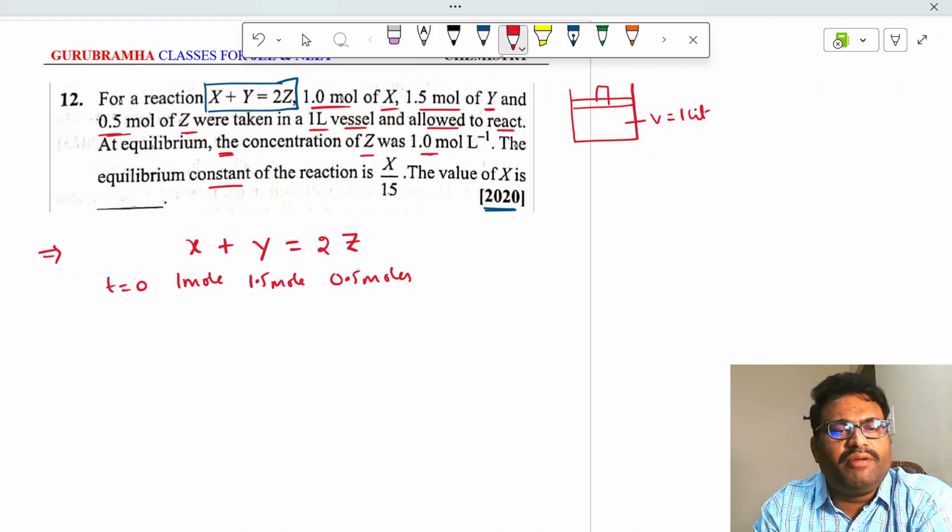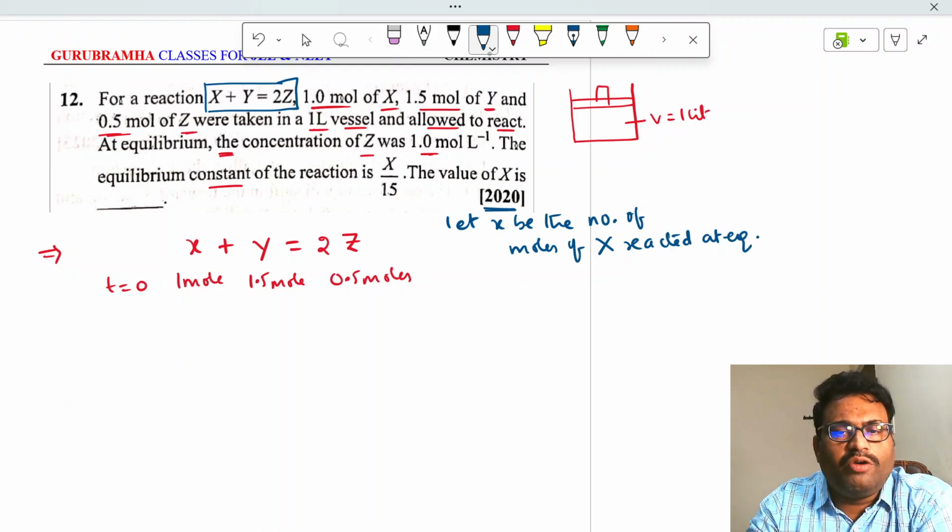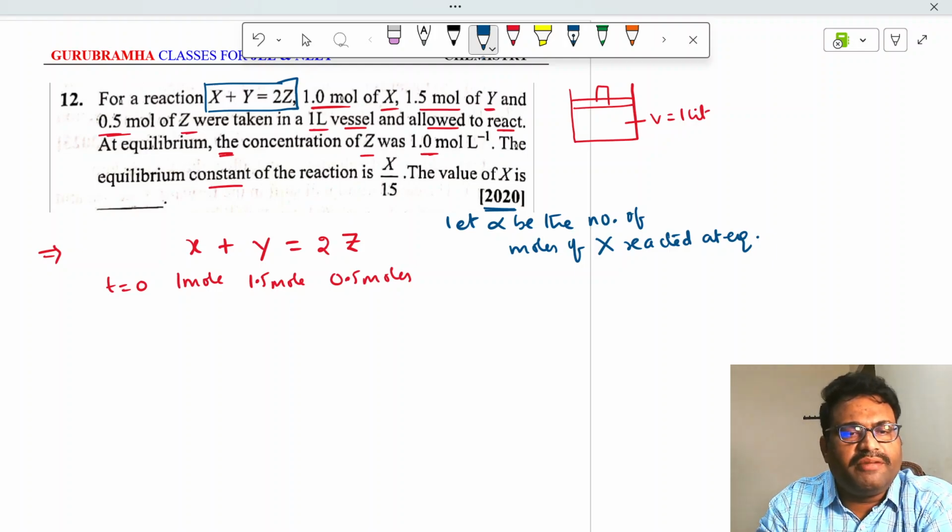Then at equilibrium, as there is x in the question already as the reactant, let alpha be the number of moles of x reacted at equilibrium.